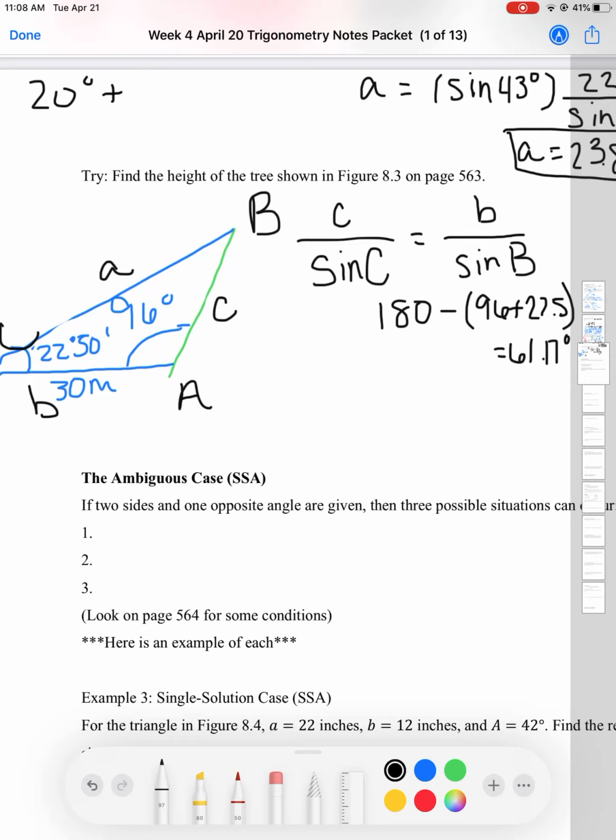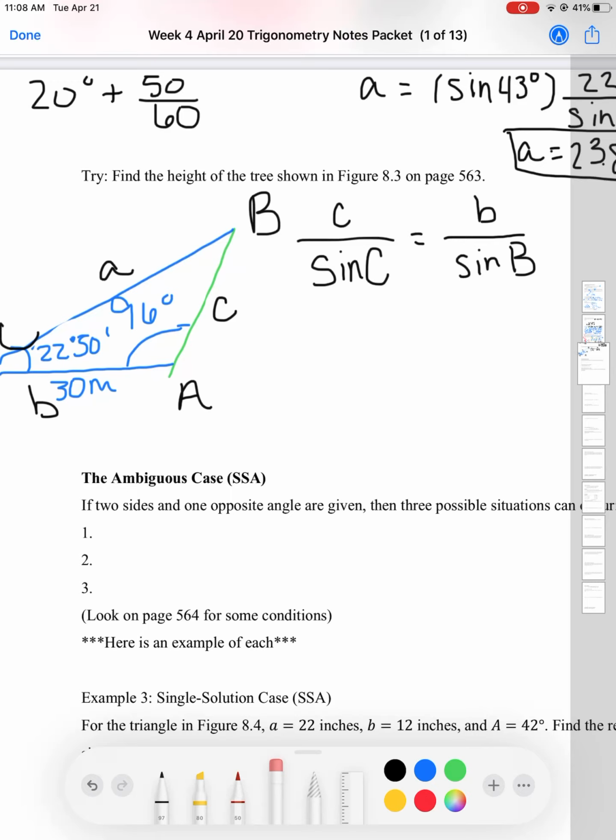When you have minutes, we put over 60, and we add. You would do this on your calculator. This ends up being about 22.83 degrees.